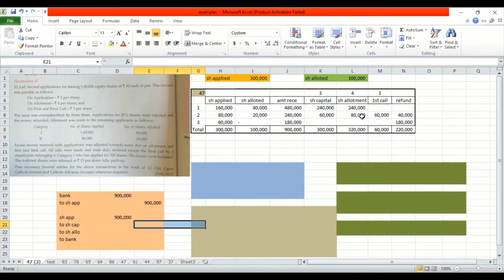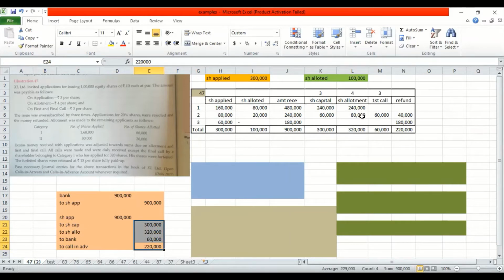Not only to bank, but also there is to call in advance. So these are the figures. I will take the total column 3 lakh, 3 lakh 20, 60,000 and 2. So this is how I have done my first and second entry.